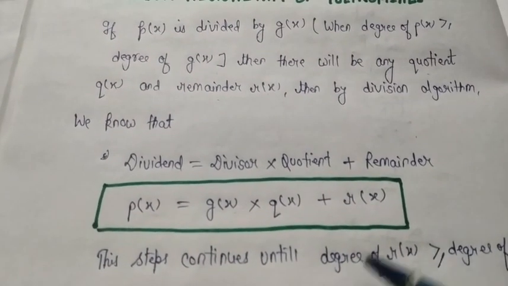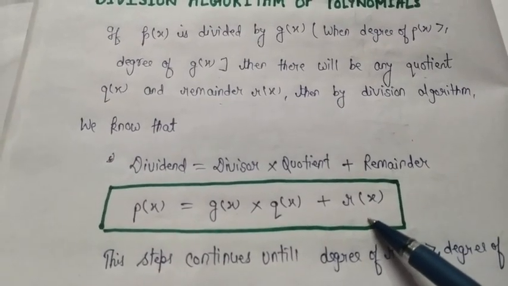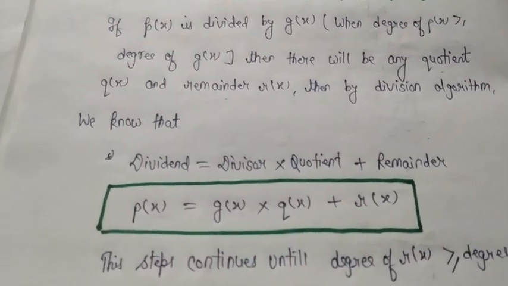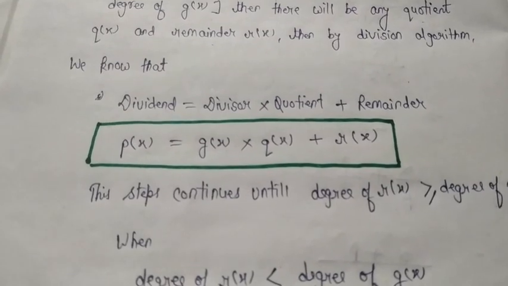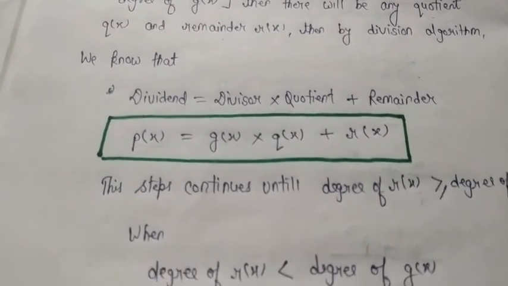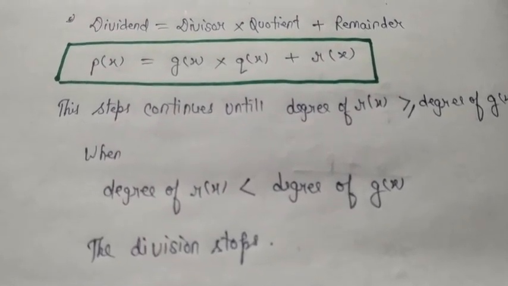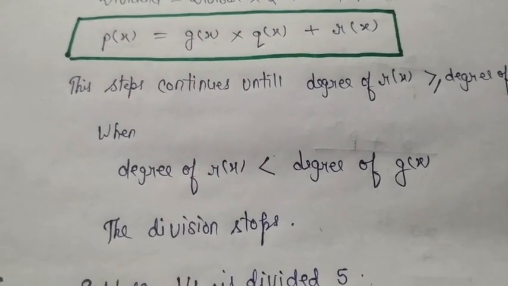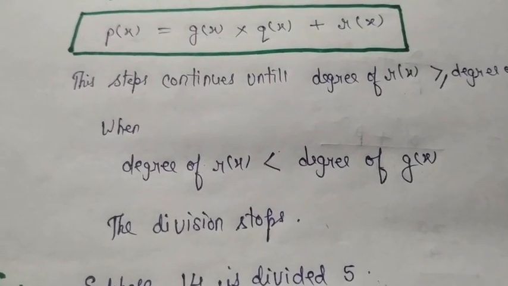This step continues until the degree of the remainder is less than the degree of the divisor. When the degree of the remainder is less than the degree of the divisor, the division will be stopped. See, I have written that the degree of the remainder is less than the degree of the divisor, and after that I have written division stops.